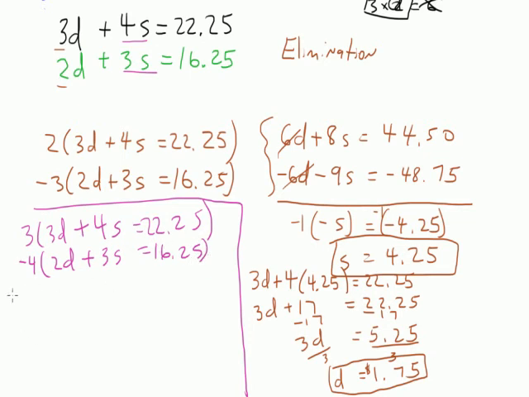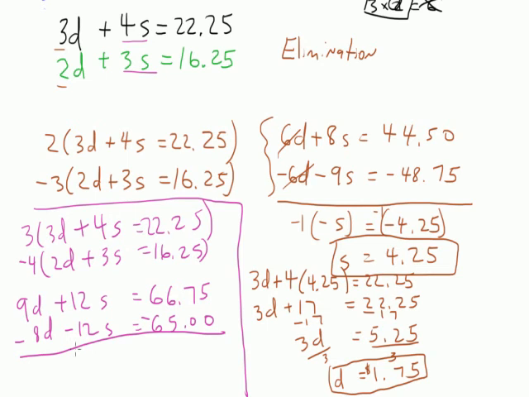Once I do that, the result I'll put right below that should be 9D plus 12S equals $66.75. The second equation should be a -8D minus 12S, and the result of that should be, I'm sorry, the sign should be -$65.